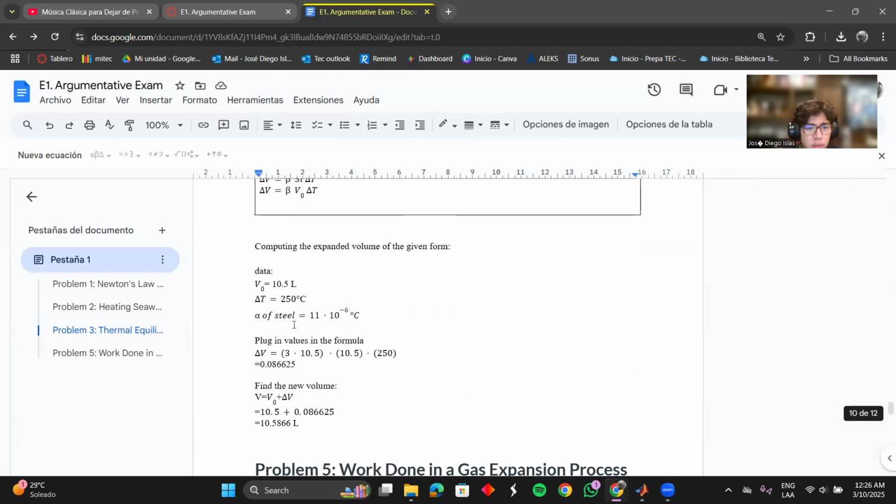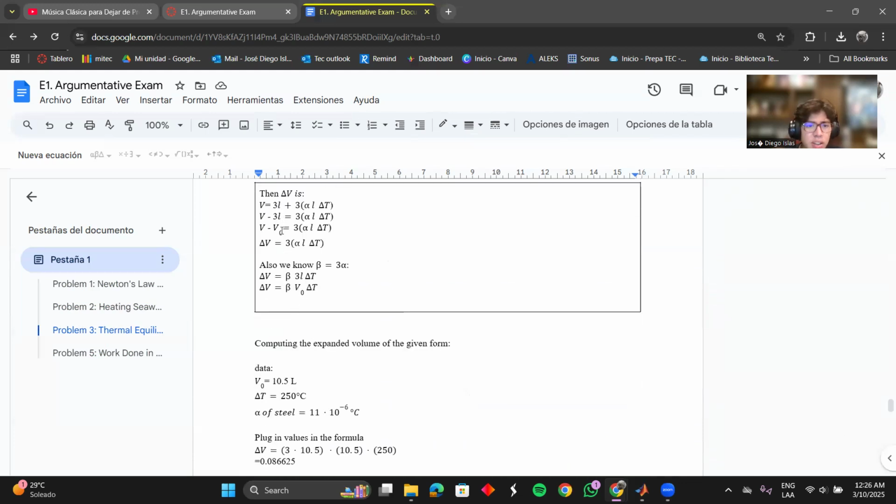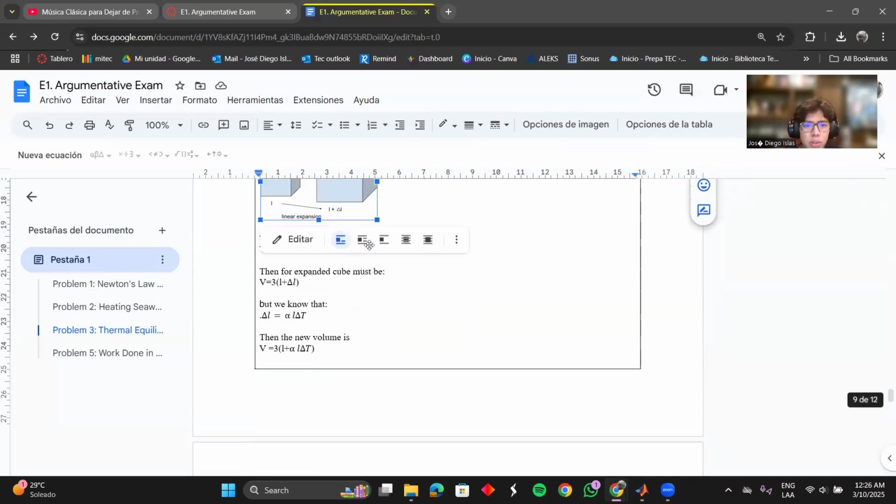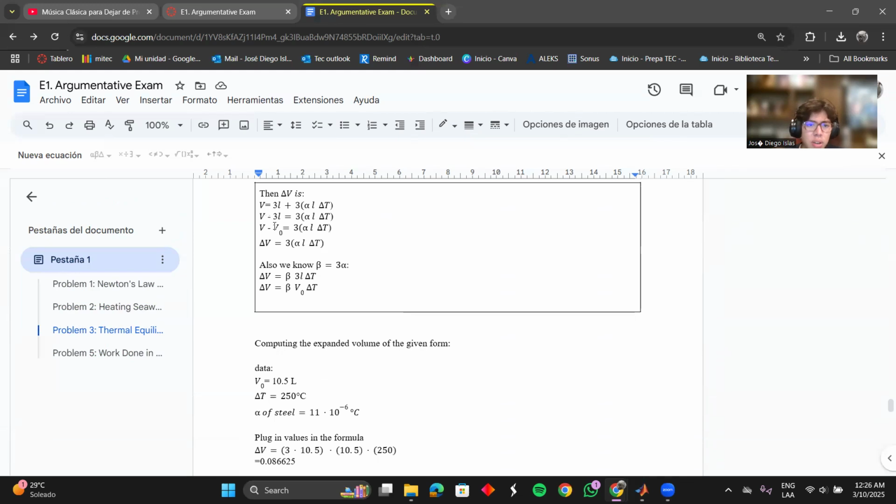So we can put L cubed as the initial volume and move it to the other side, where the new volume is. So the new volume minus the initial volume, to make it a simple formula, we state as delta volume. And delta volume will be equal to 3 times this thing, related to the linear expansion.